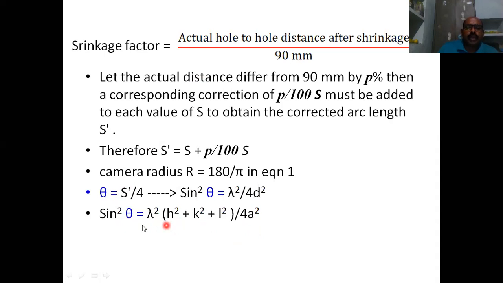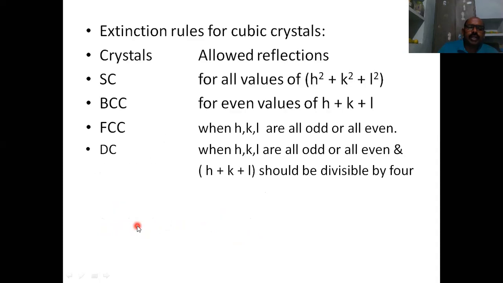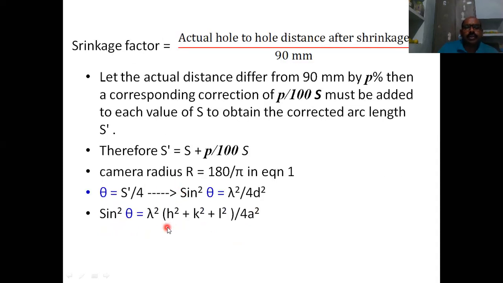By repeating the experiments and identifying the ratios of sin square theta, we get the ratio of h square plus k square plus l square for different quantities.